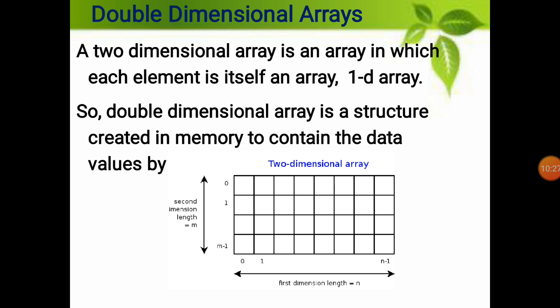See this, rows are from 0 to m minus 1 and columns from 0 to n minus 1. A double dimension array contains data in tabular or matrix format. Here horizontal lines are referred to as rows and vertical lines as columns. A double dimension array is also referred to as a double subscripted variable. It uses two subscripts, one for the row number and the other for the column number.